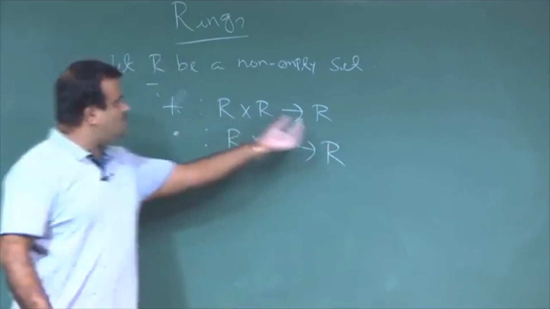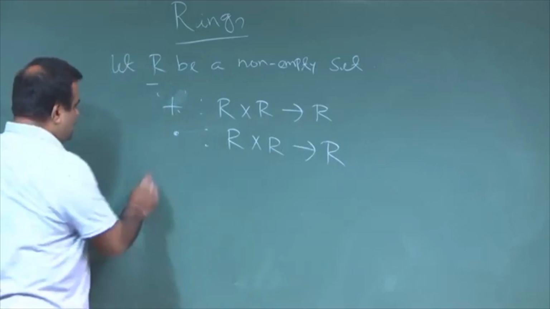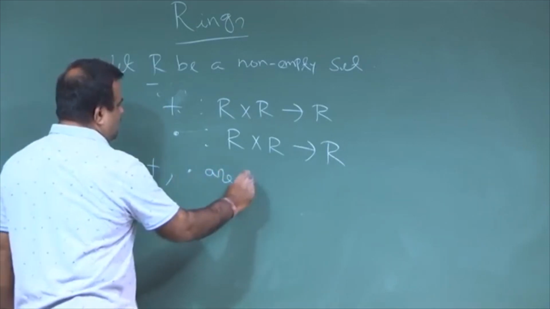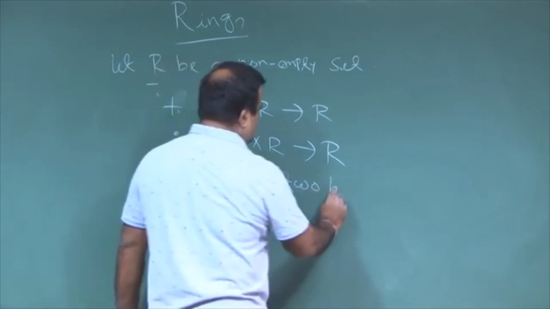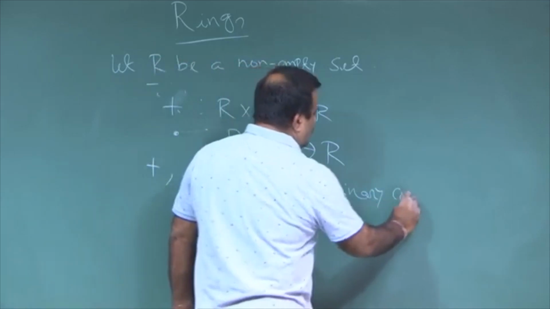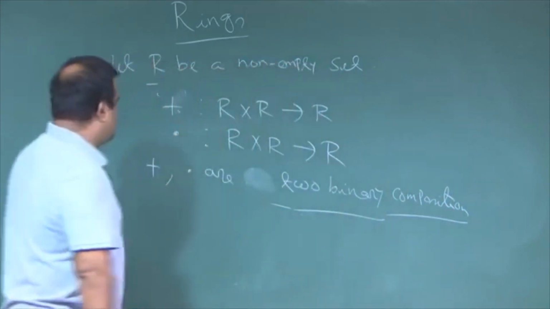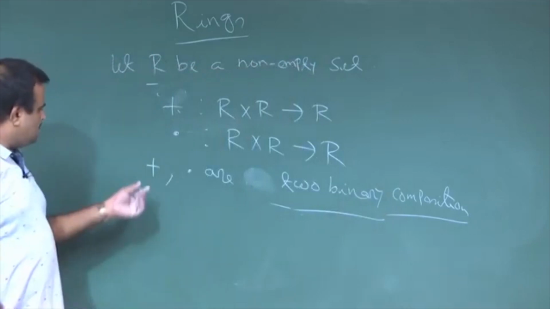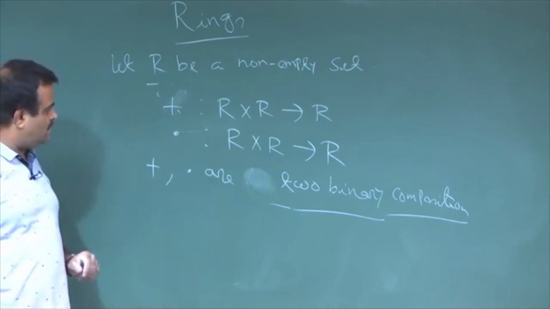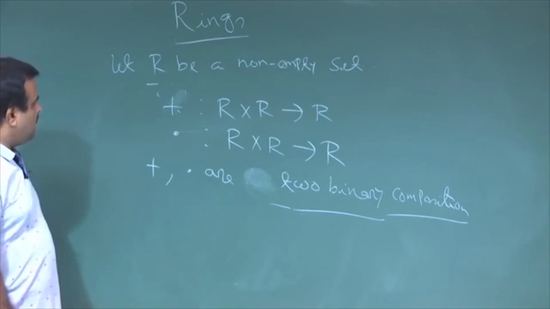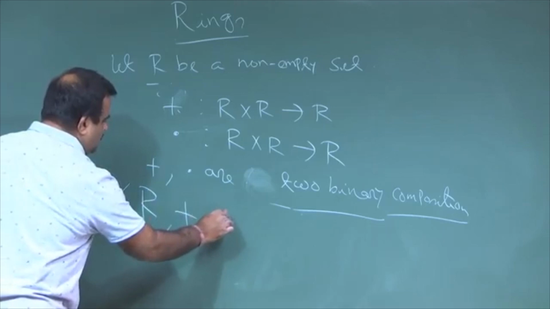If it is closed, then the result will be in R, but if it is not closed, then it need not be in R. So these are any two binary compositions, or binary mappings. This is additive sense, this is multiplicative sense, but these are any general binary operators.